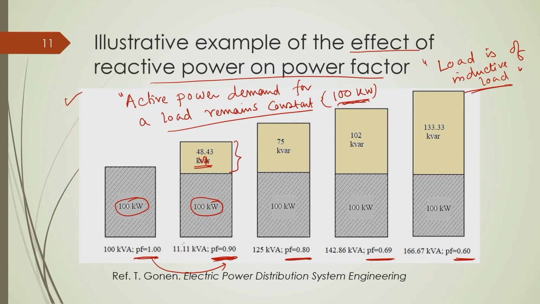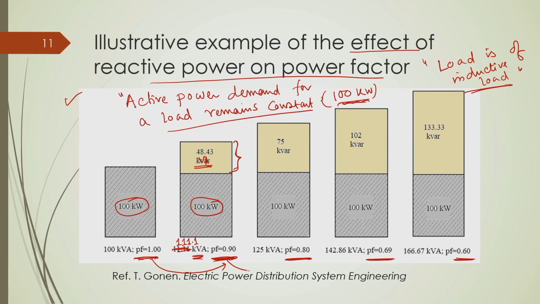Okay. So, this also increases the total kVA demand of the load. There is a mistake here, a typo, this should be 1.1 kVA. So, you can see that if power factor is changed from 1 to 0.9, both reactive power demand and kVA demand increase.